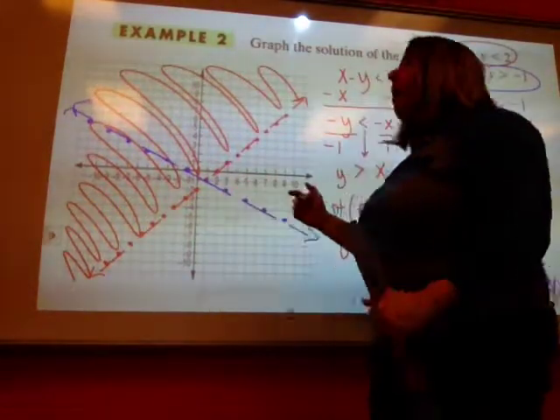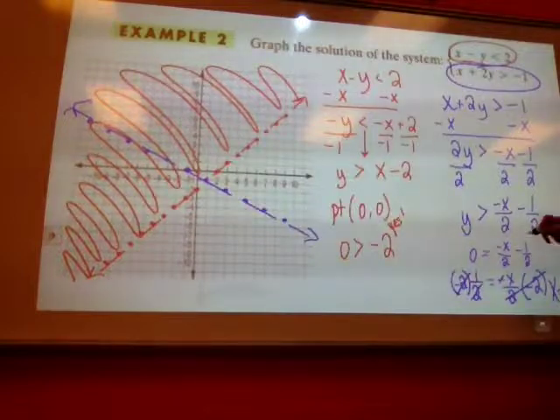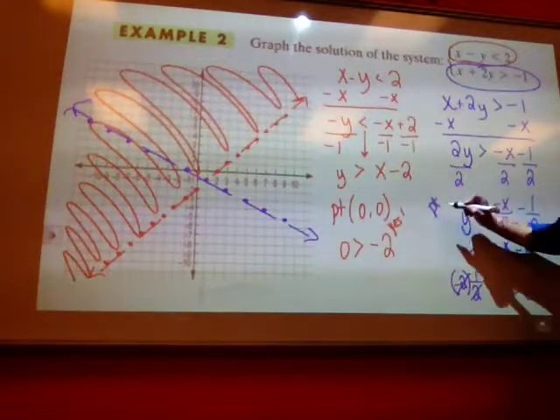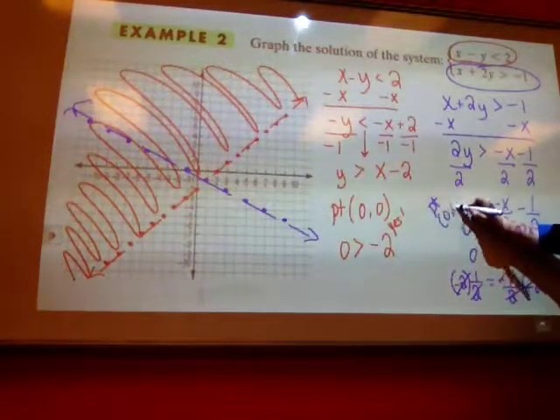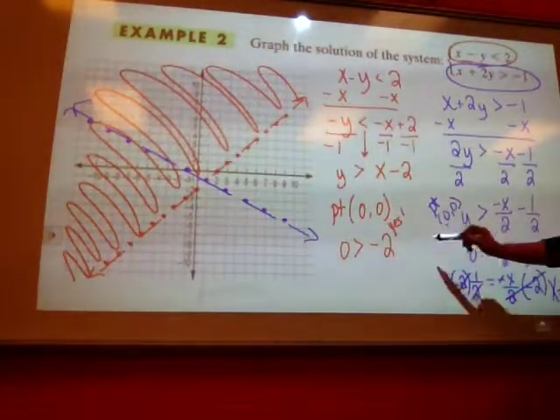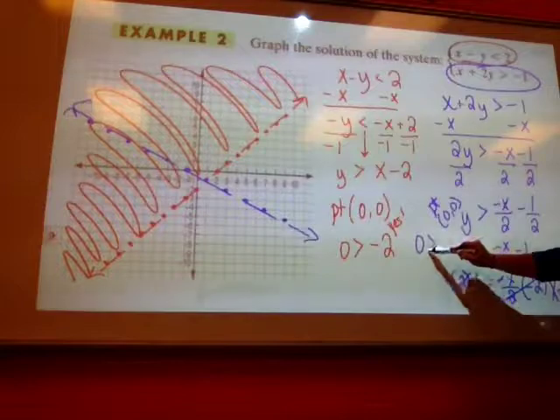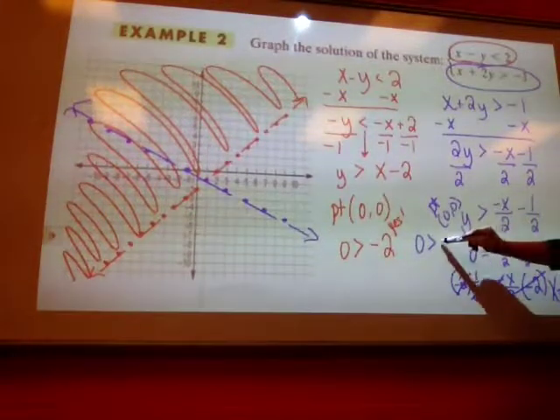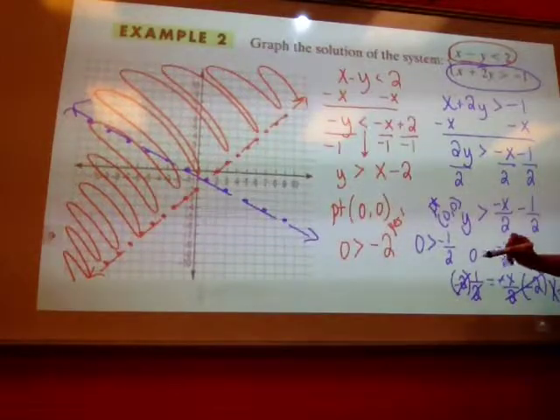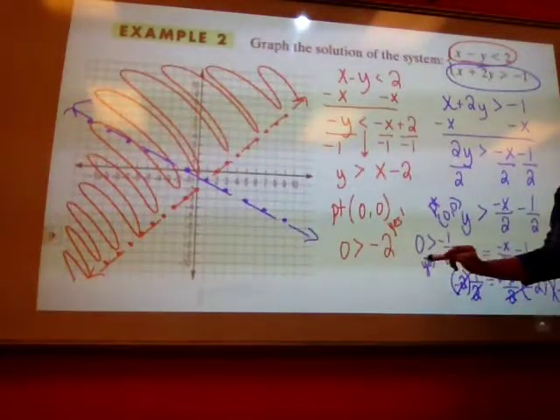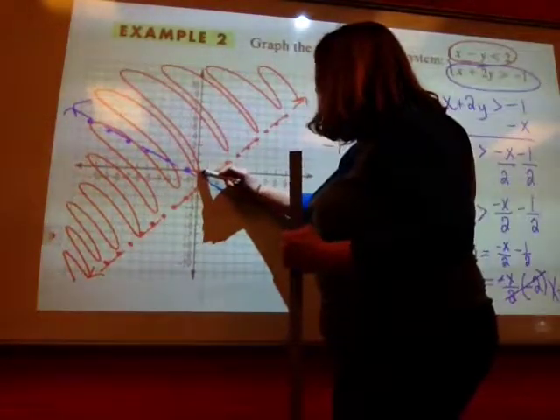Alright. Now, I still got to go back and pick a point. What point do we want to pick? 0, 0. 0, 0 will work for this one too, won't it? Alright, so that tells me that 0 is going to be greater than negative 1/2. Is 0 greater than negative 1/2? Yes. So here's 0, 0.